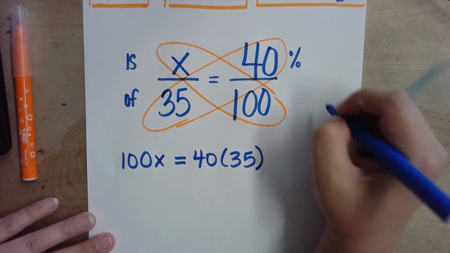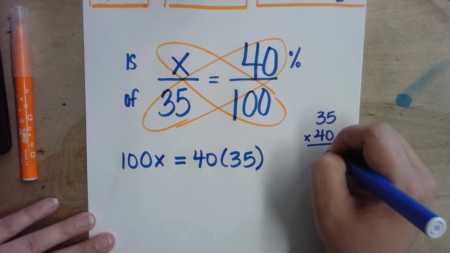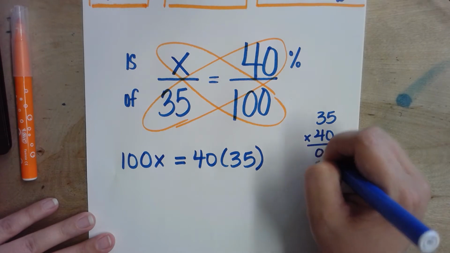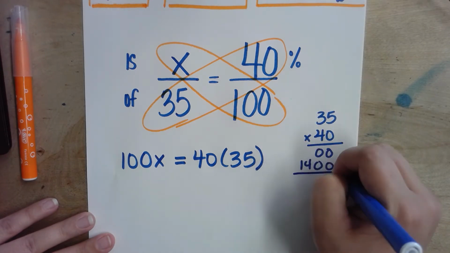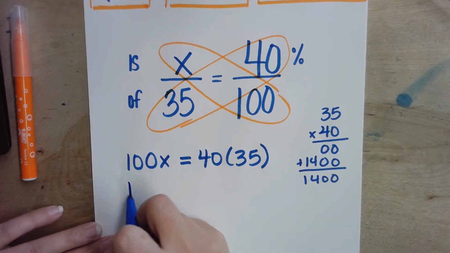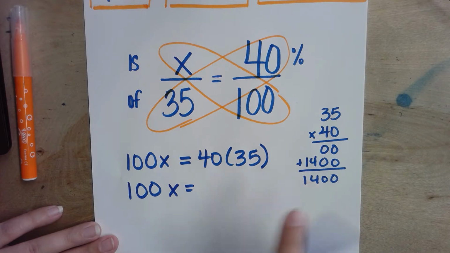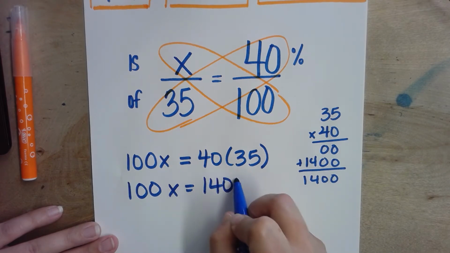I can just come over here to the side to do some quick math. So we now know that 100x equals 40 times 35, which we found was 1400.